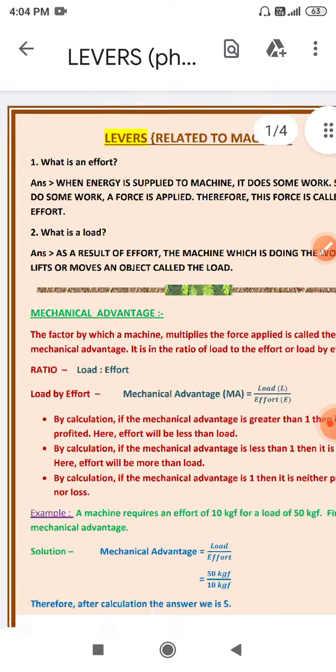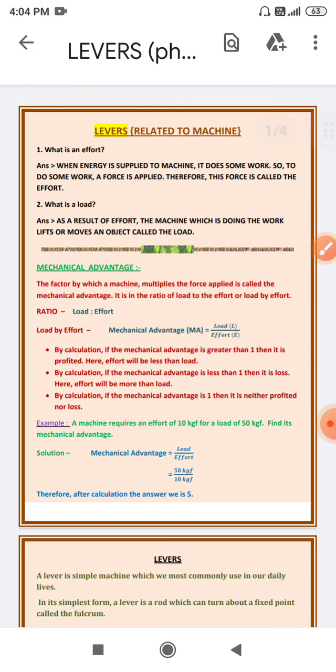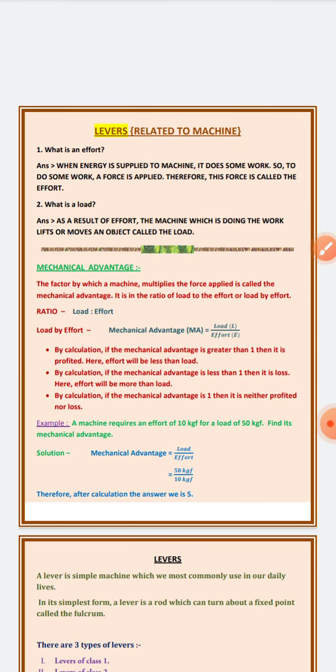When we are putting in some effort, or supplying electricity to it, it does some work, such as packaging fruits, making ornaments, jewelry, or making packets. So some work is done by the machine, which is known as the load.